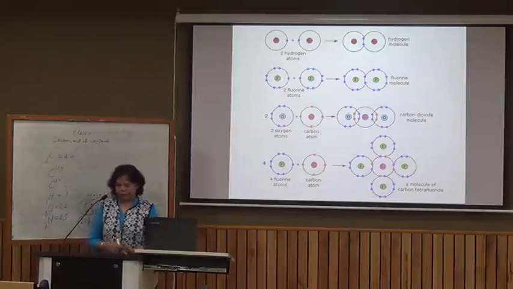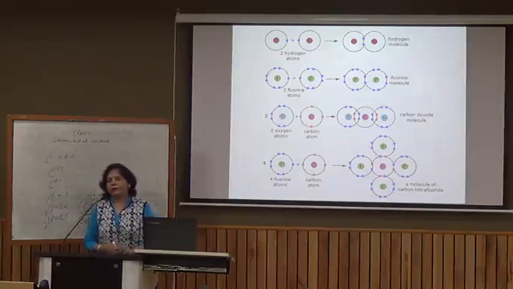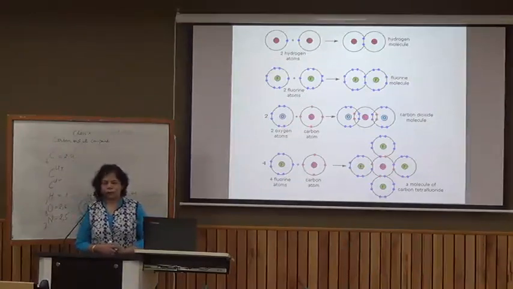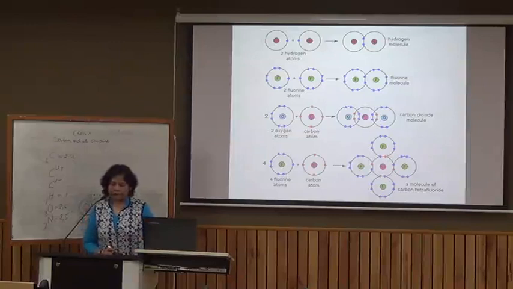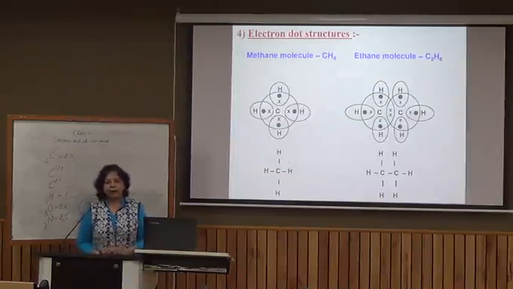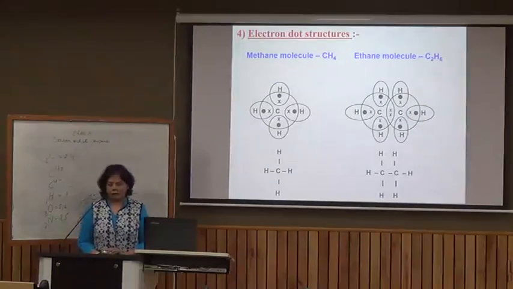Then we can see the formation of methane, 1 carbon atom sharing 4 electrons, 1 each with 4 hydrogen atoms, forming 4 single bonds. So this is the covalent bonding, and the particles so formed by the sharing of electrons we call molecule.